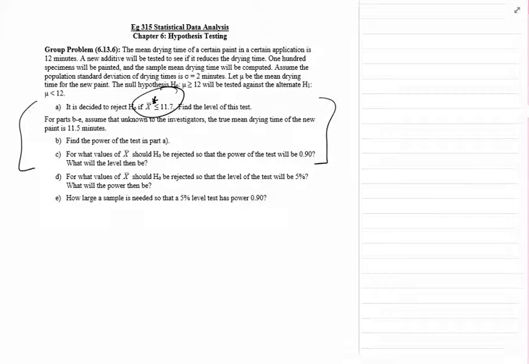So for part A, this is a problem that we could have done before I talked about power law. It's just setting up the hypothesis test. Remember the level, that's just alpha. This is where it's really important to draw your pictures, draw your distributions and your rejection regions.